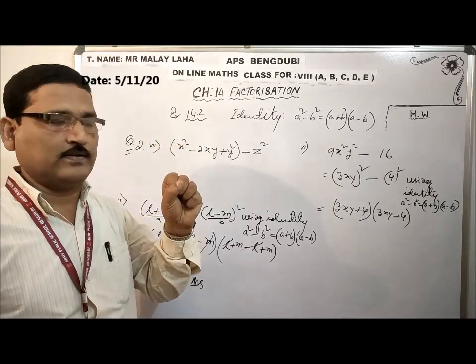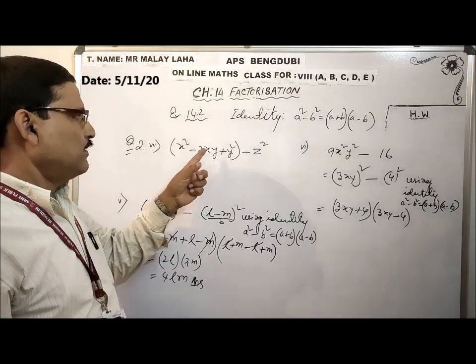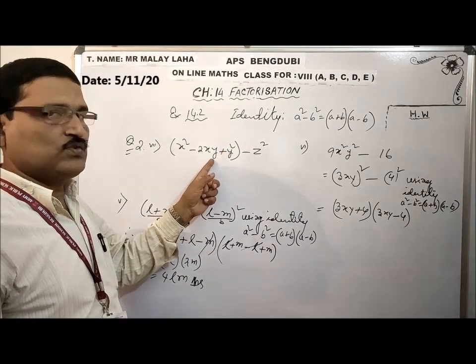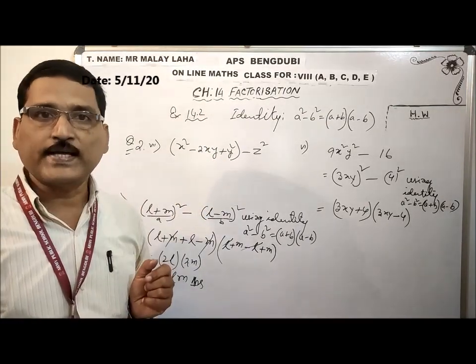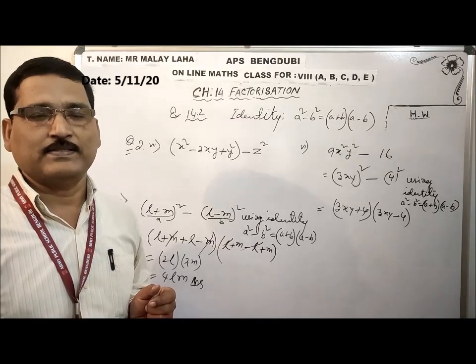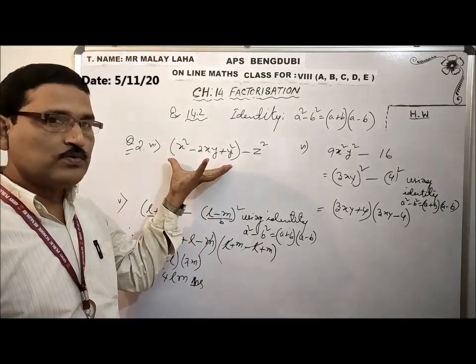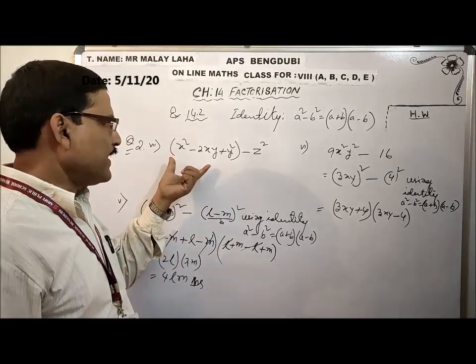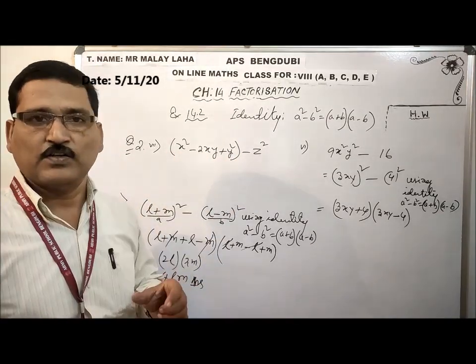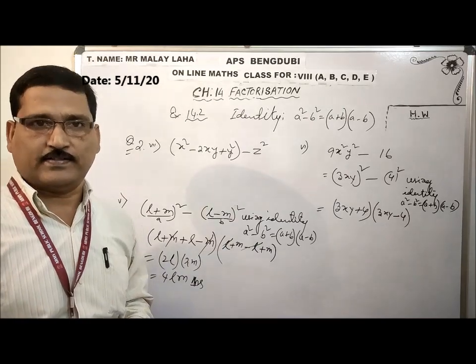I have to reduce that. Whose identity? a square plus b square minus 2ab, so a square minus 2ab plus b square. Whose identity is that? a minus b whole square. So you have to reduce this expansion using that particular identity, and for the third part you have to consider again one identity.